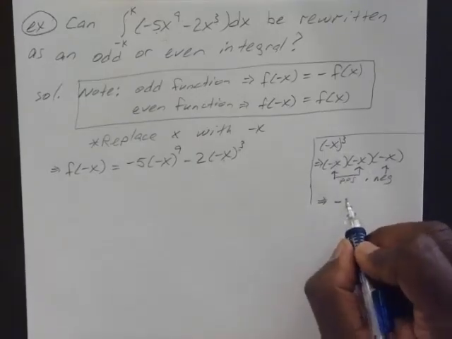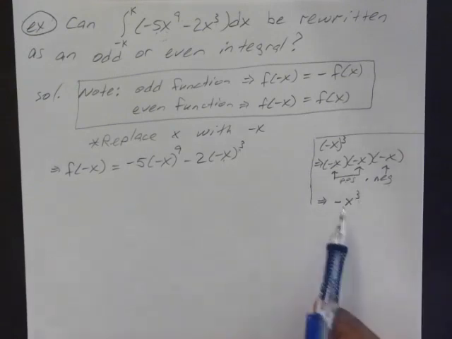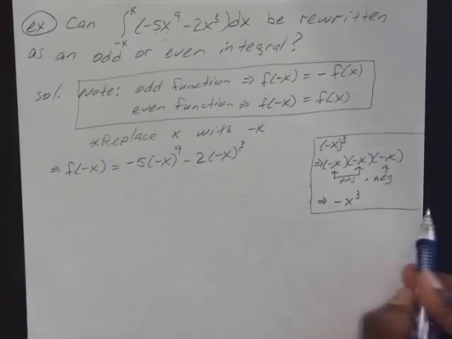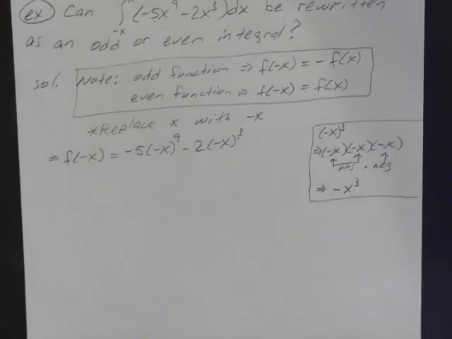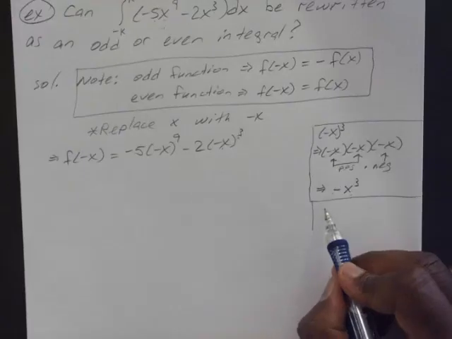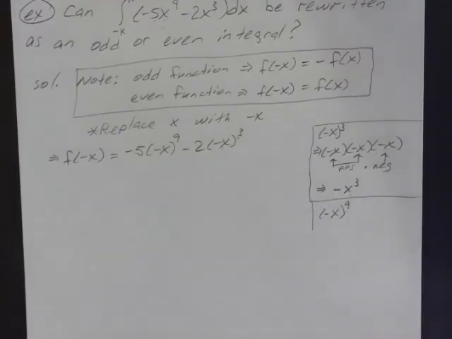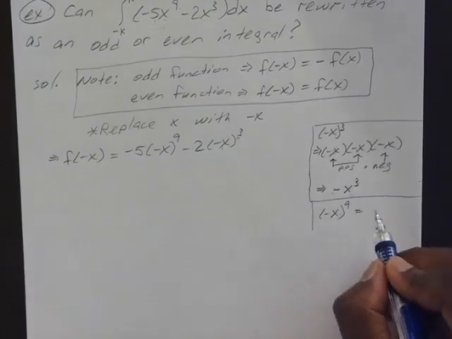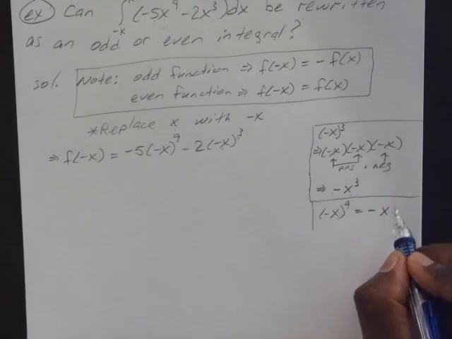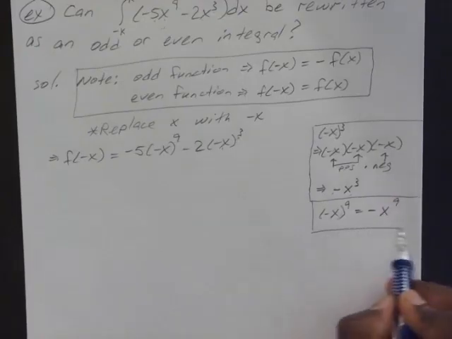So that's just negative x to the 3rd power, or you can say negative 1 times x to the 3rd power. And same thing for negative x to the 9th power. Because it's raised to an odd exponent, that's just going to be negative 1 times x to the 9th power.